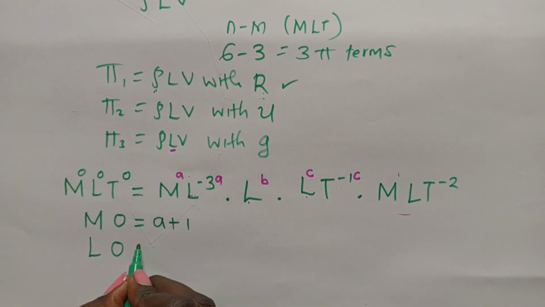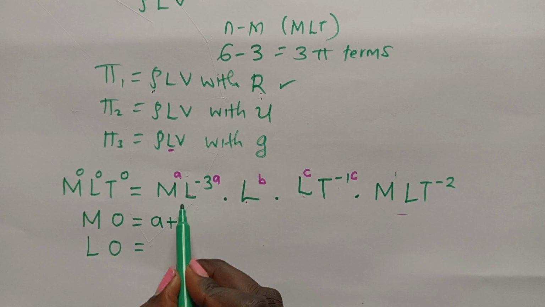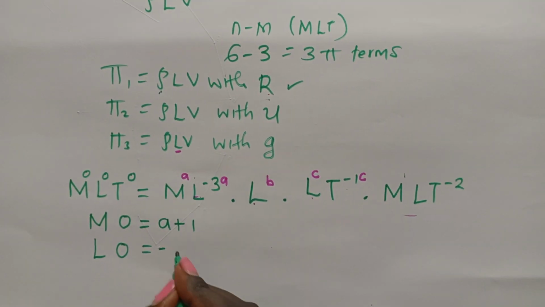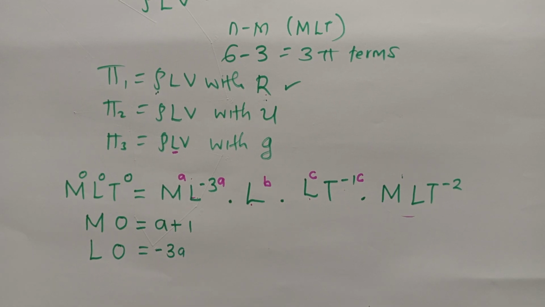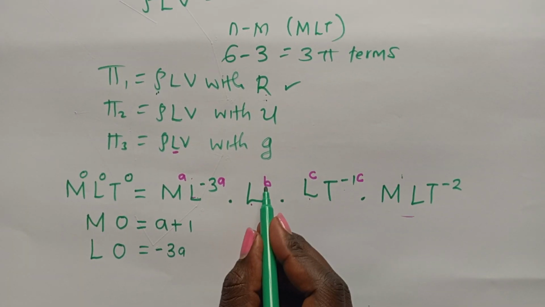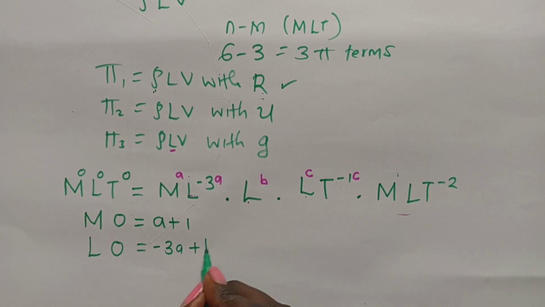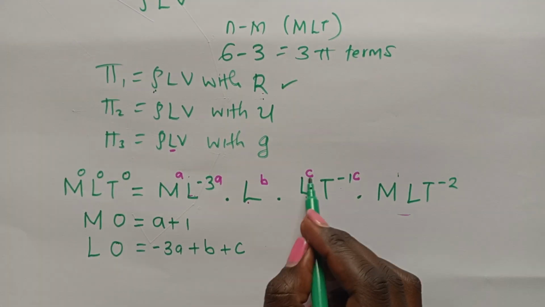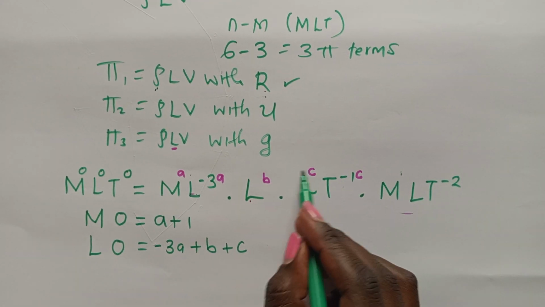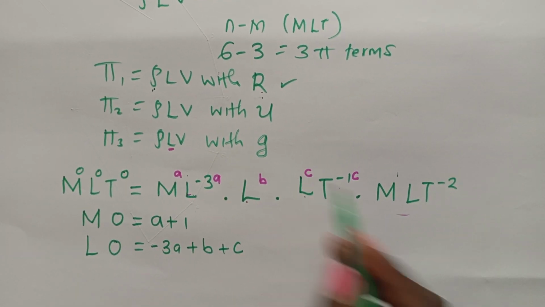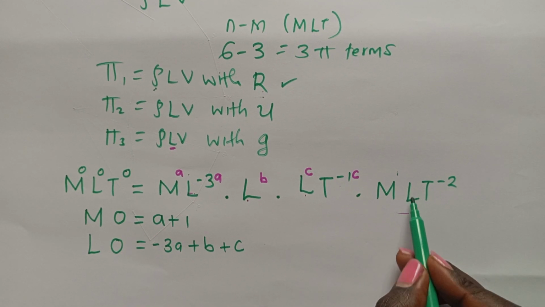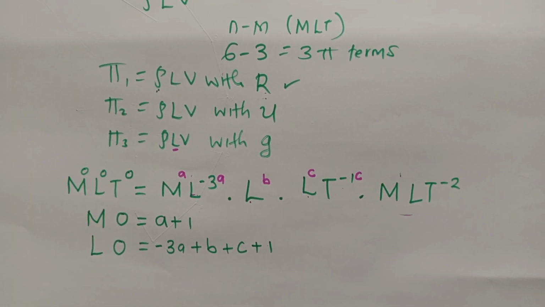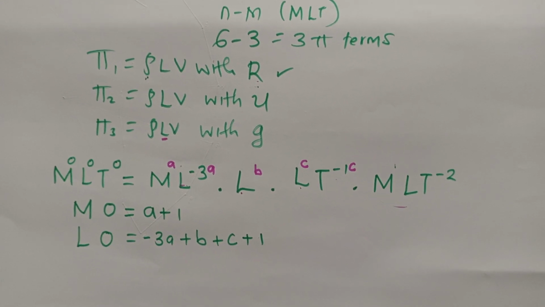So 0 is equal to, we have the first L here, which is negative 3A. Pick the powers alone. So negative 3A. And we have another one, which is plus B. This is another L, and plus C. Remember, this is positive because we don't have any negative indicated here. Just like we did for M, this is L raised to 1. So plus 1. So we finished all with the powers of L.